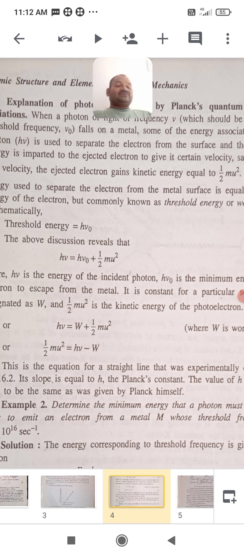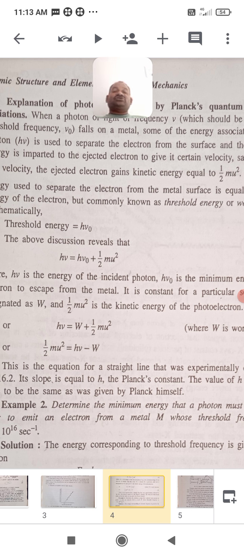Due to this velocity, the ejected electron gains kinetic energy equal to ½mu². The part of energy used to separate the electron is commonly known as threshold energy or work function. The mathematical equation is threshold energy equal to hν₀.